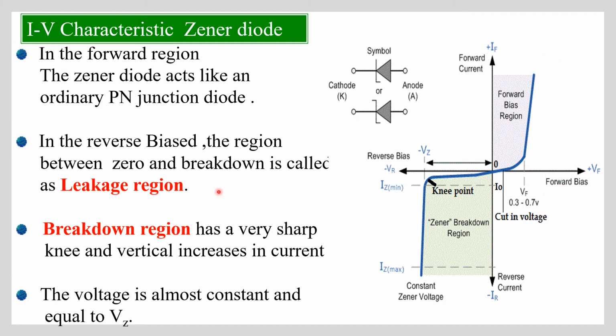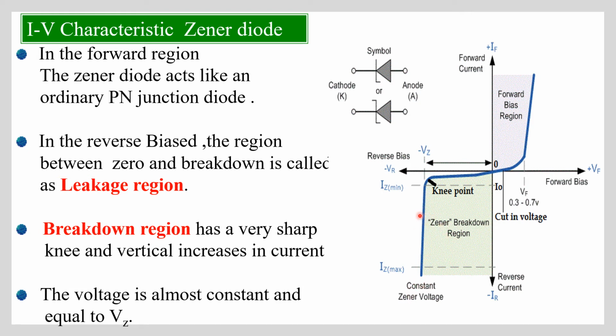In reverse bias, the region between 0 and breakdown is called the leakage region. In this region, there is only a small leakage or reverse current. In a Zener diode, the breakdown has a very sharp knee followed by almost a vertical increase in the current.